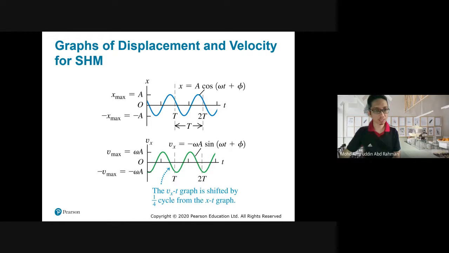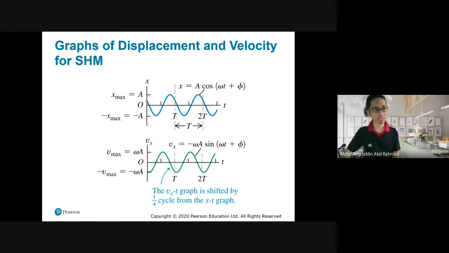When we see that it is shifted, what happens here is actually the phase, it is out of phase, meaning that the phase is changed.